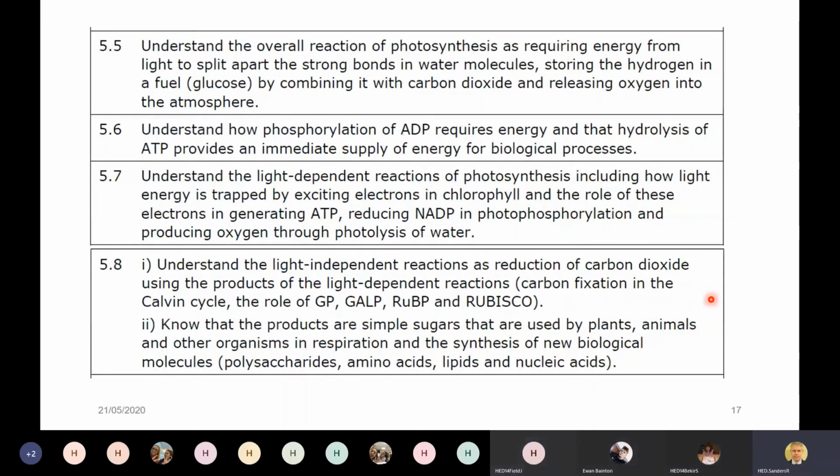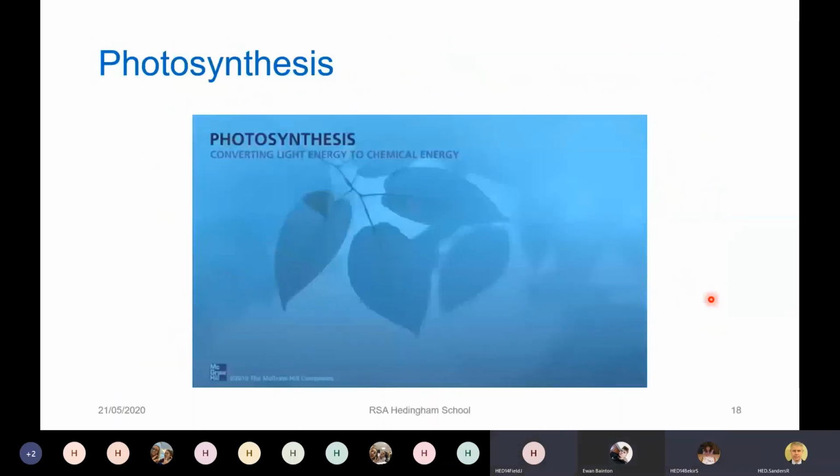Okay, I know there is a lot to take in there, and I don't expect people to retain all that instantly. There's another little animation here I'd like to play. This is about 4 minutes, and I think I'm going to stop it at the end of the light reaction, and we'll watch the whole of it after we've done the next bit. Okay, hopefully this will play.